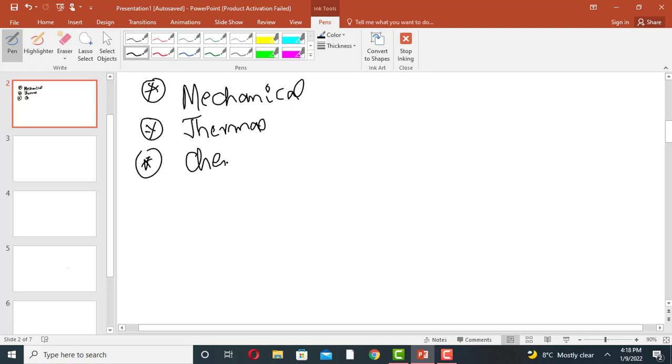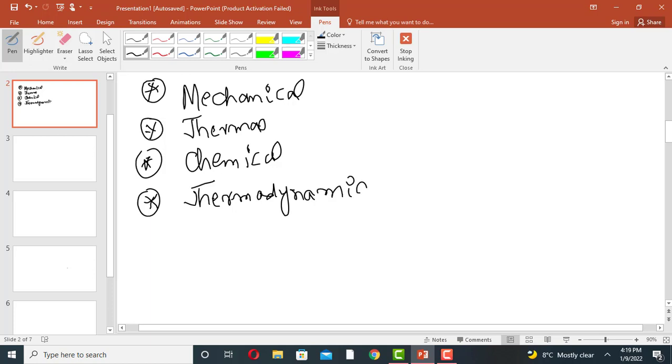One is chemical equilibrium, and the fourth one is thermodynamic equilibrium. So we will discuss these four types of equilibrium.